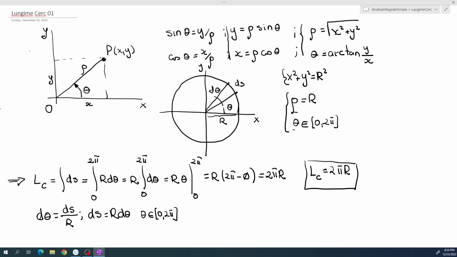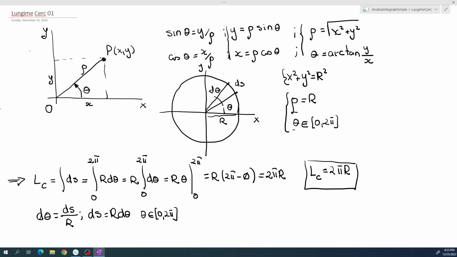By using polar coordinates, we calculated the length of a function, and doing calculations in Cartesian coordinates for lengths of functions is extremely difficult.